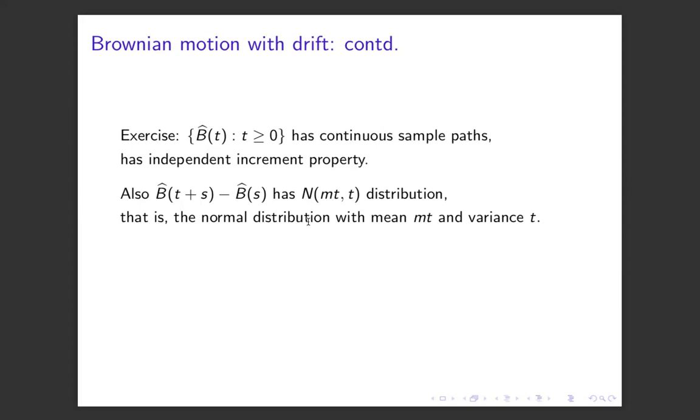Because you know that if a random variable is translated by a constant, they have the same variance. That is what you have seen in your first course in probability. So B hat (t plus s) minus B hat s has the normal distribution with mean mt and variance t.